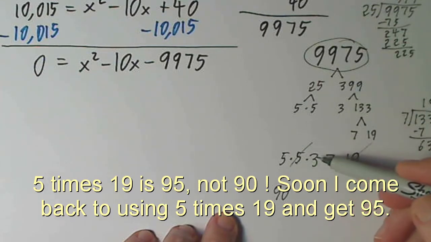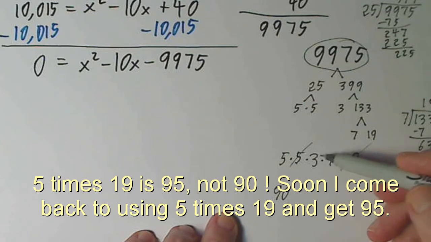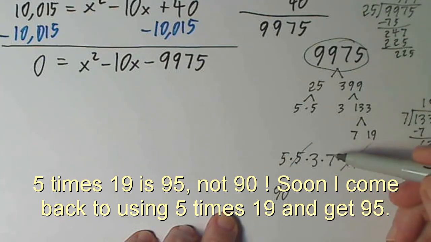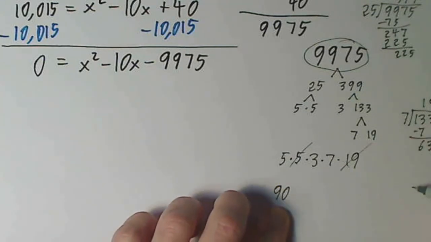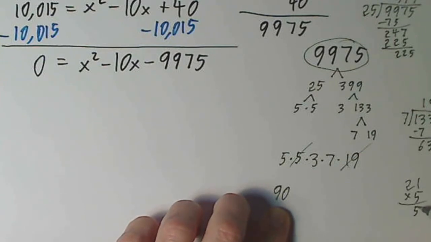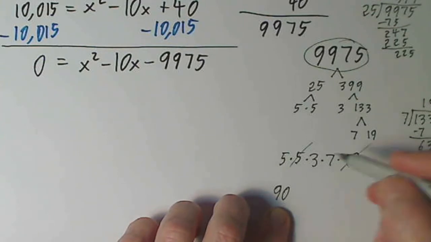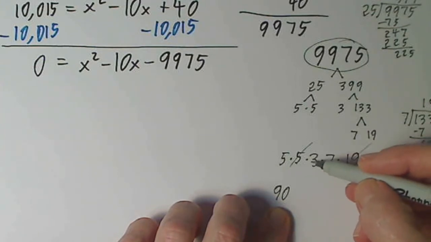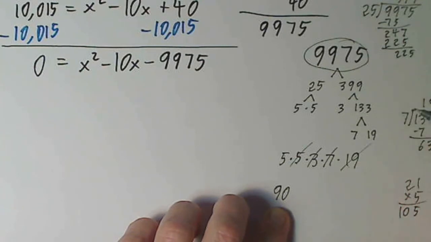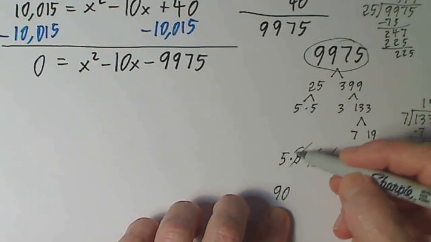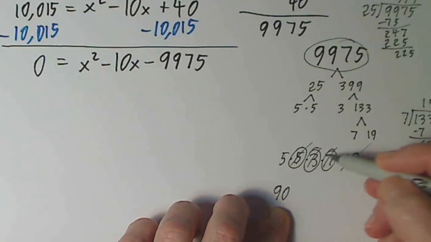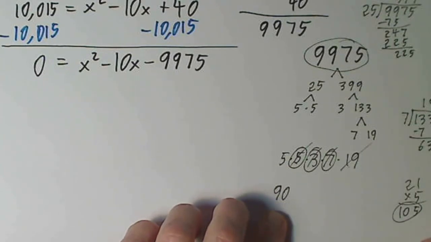5 times 3 is 15, times 7 is 105. So that was 3 times 7 times 5, and that gave me 105.